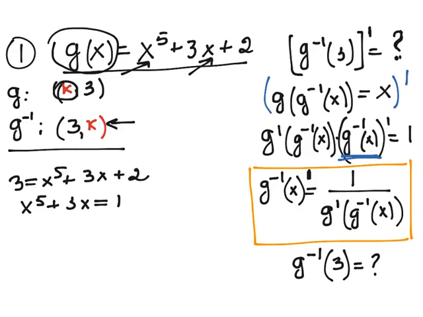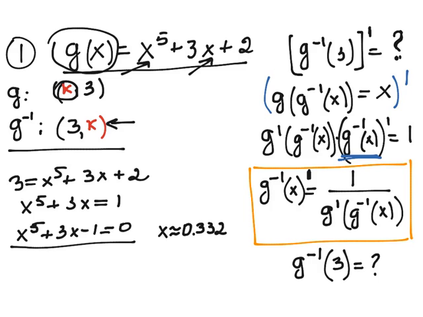By the way, you're allowed to use your calculator on this particular problem. That's what it says. So if you graph this quickly and find the x value, at this point you need to trust me, you get x equals 0.332. You're allowed to round to the nearest thousandths.